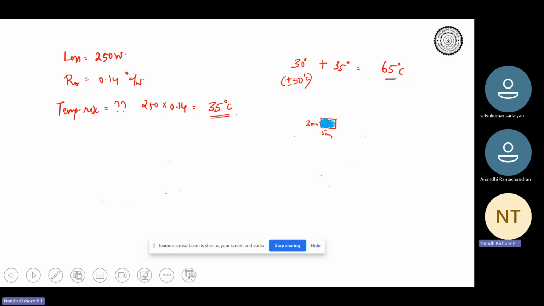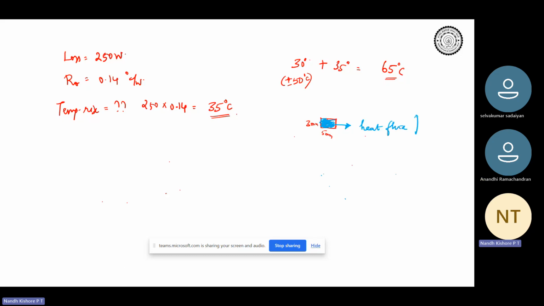As far as heat is concerned, if you have a larger area for dissipation, the better will be the cooling. So within a very small area, there is going to be a huge power loss, and because of that, within a small area there is a large heat flux. We call this heat flux.